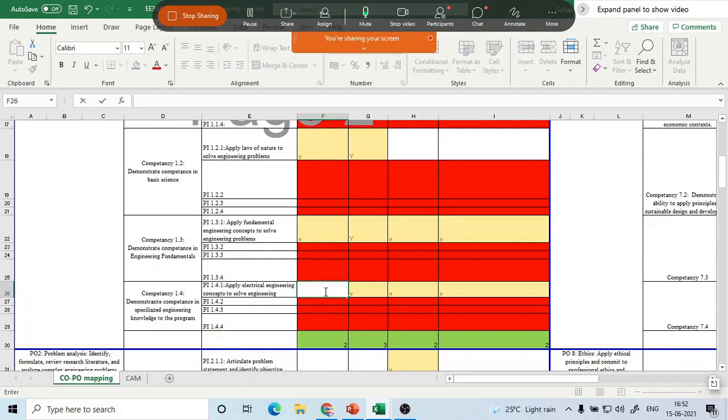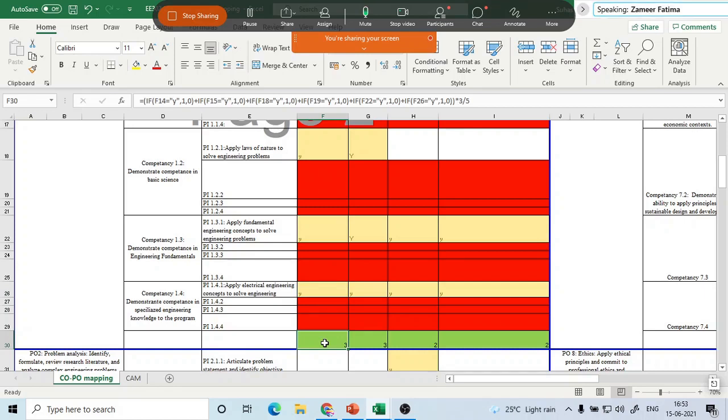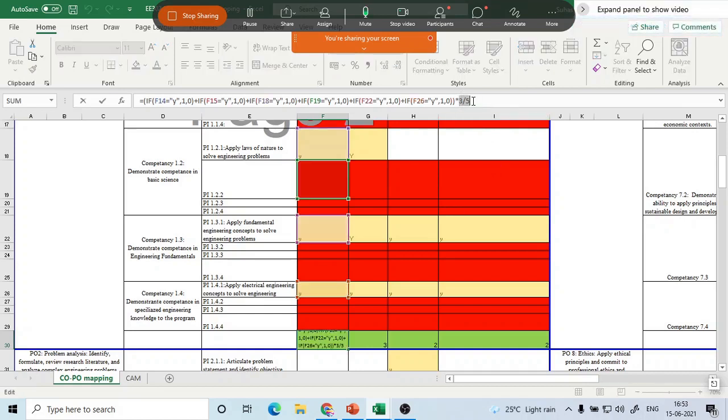So altogether how many Y's? Total performance indicators: 5, for PO1. The same way you can define for PO2, PO3, and go up to PO12. That process you can repeat. Once we are done, I have a 1 to 5 scale for the performance indicator, but actually for mapping, I need to do it on a 1 to 3 scale. So I multiply by the factor 3 by 5.